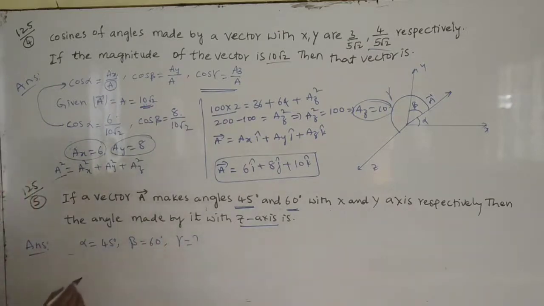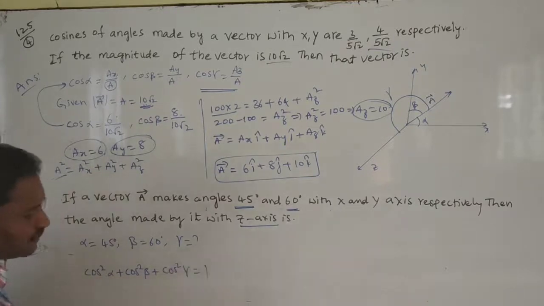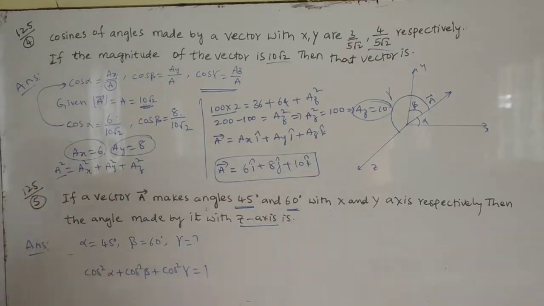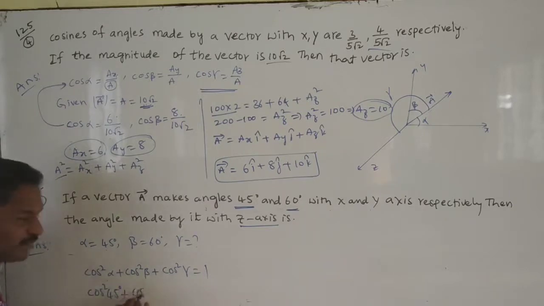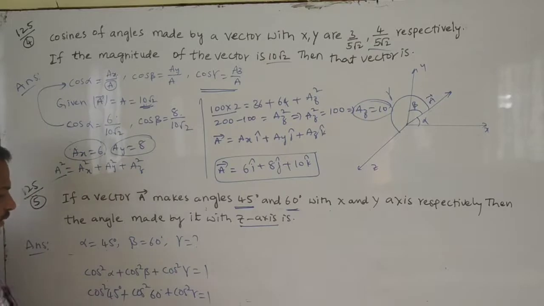We know the formula: cos square alpha plus cos square beta plus cos square gamma equals 1. So cos square 45 plus cos square 60 plus cos square gamma equals 1.